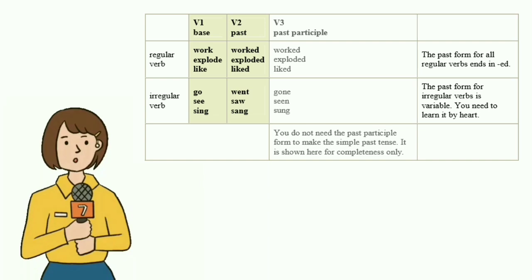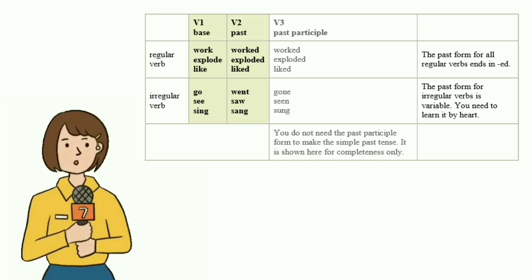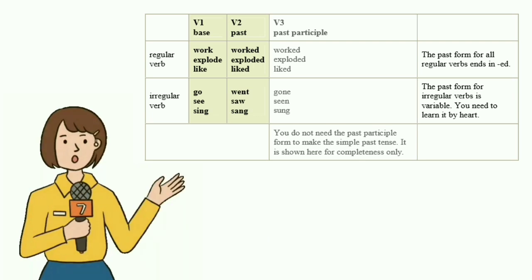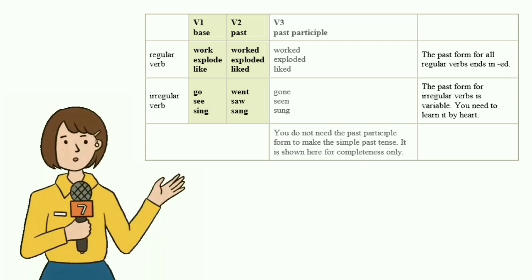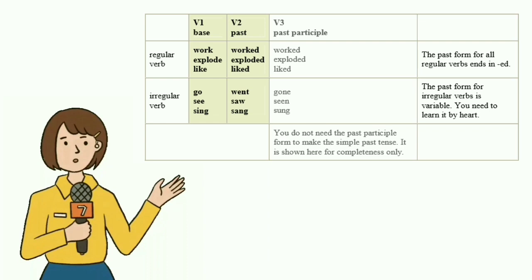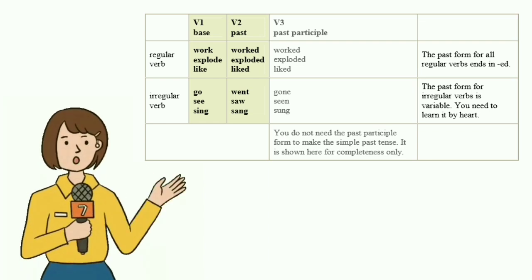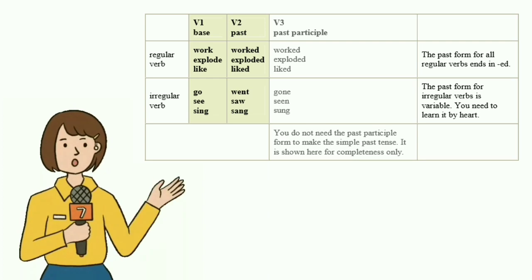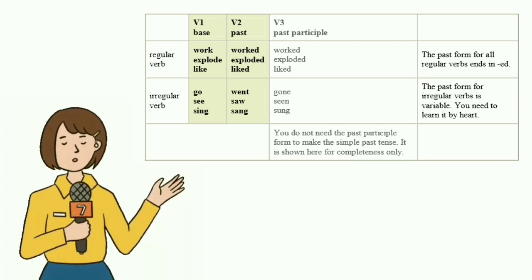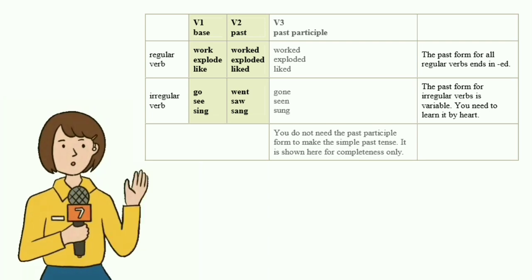For example, the word work for the base became worked for the past, and the same with the past participle. The past form for all regular verbs ends with ed. And for irregular verbs, for example, the word go became went for the past, and it became gone for verb 3 or past participle.